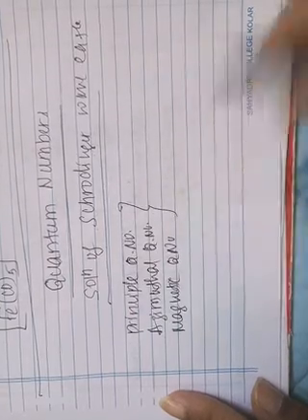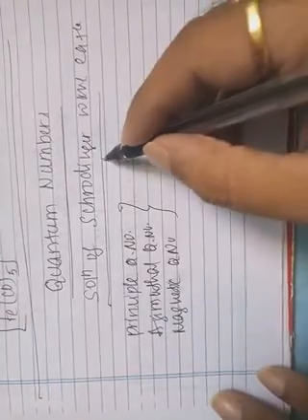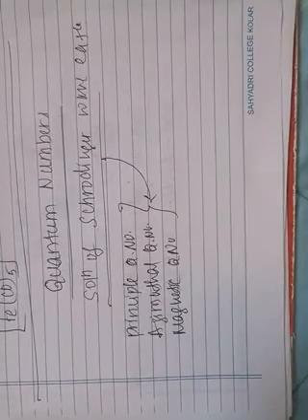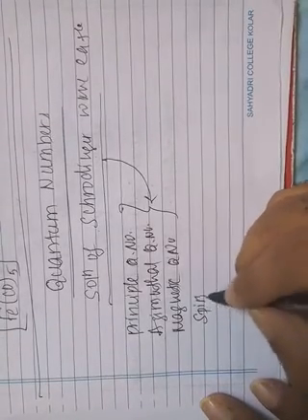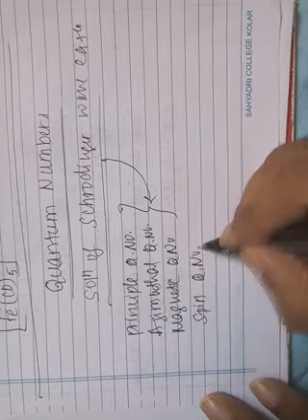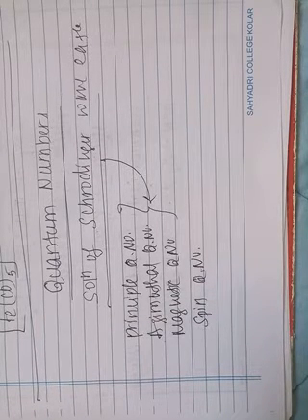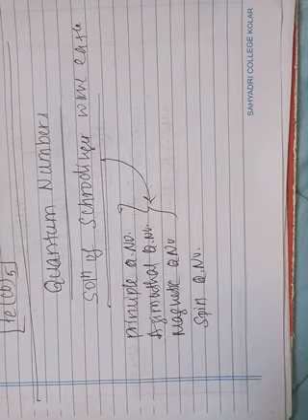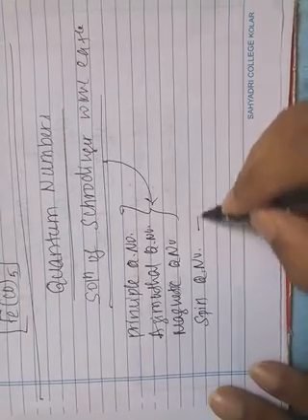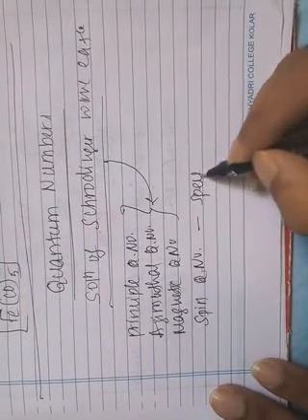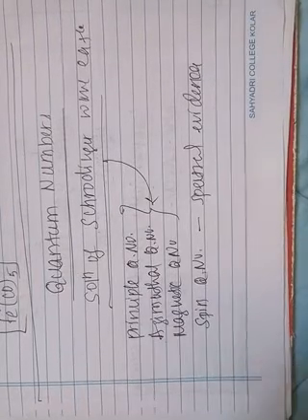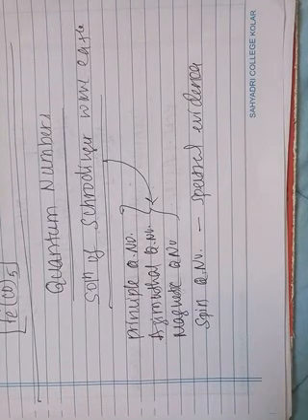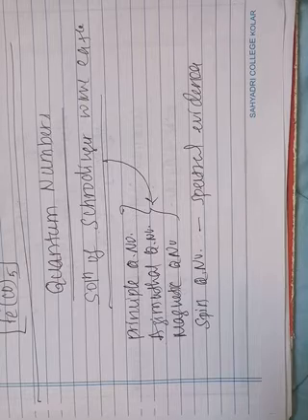These three quantum numbers are obtained from the solutions of the Schrodinger wave equation. The fourth quantum number, the spin quantum number, a magnetic property of the electron, is obtained from the spectral evidences. Let us discuss these quantum numbers one by one.